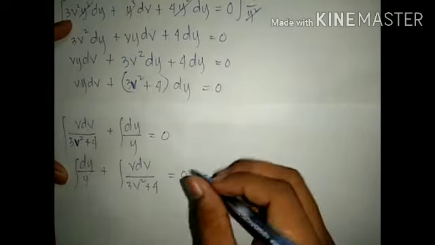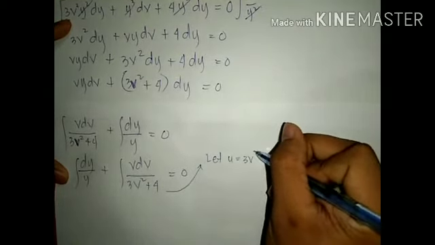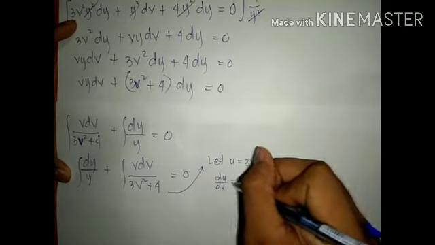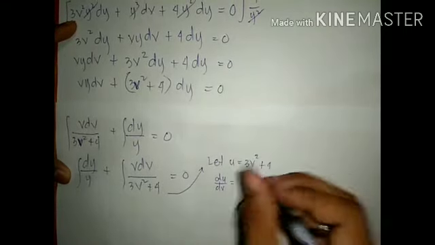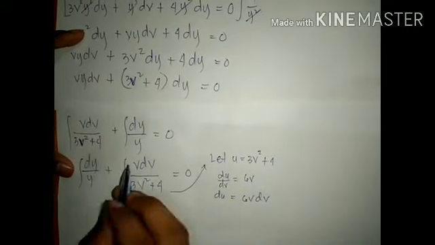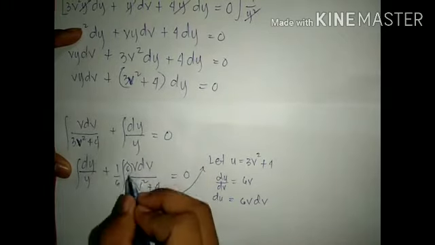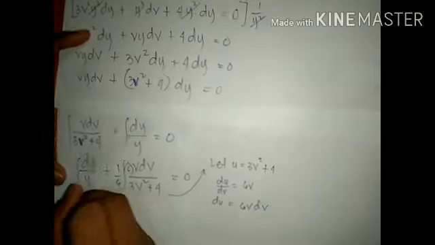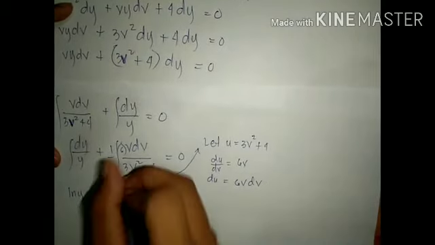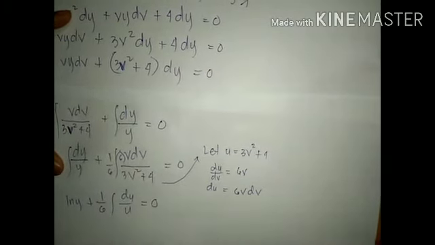Here we let u equal 3v squared plus 4, so du equals 6v dv. We insert a 6 here, so 1 over 6 comes out to cancel it. So we integrate: ln y plus 1 over 6 times the integral of du over u equals 0.